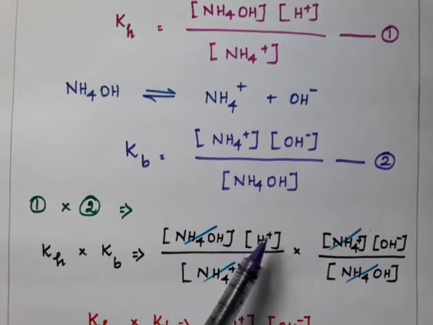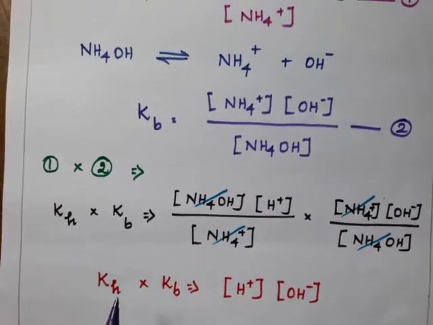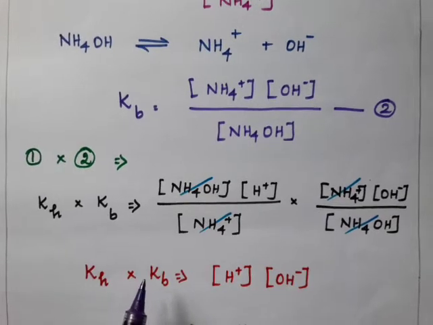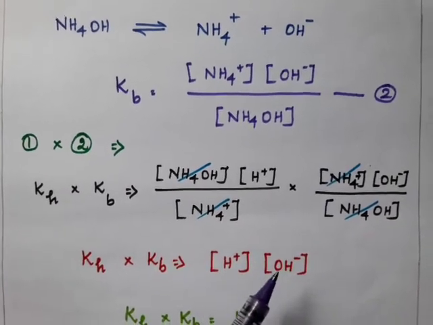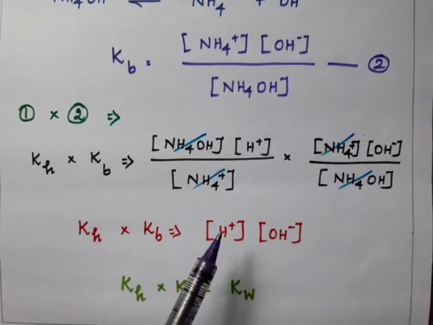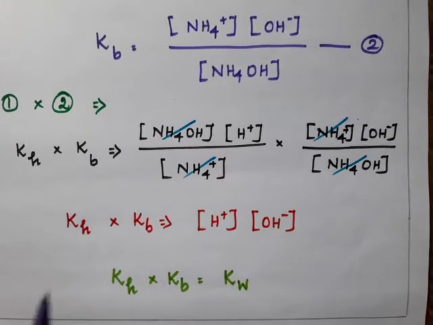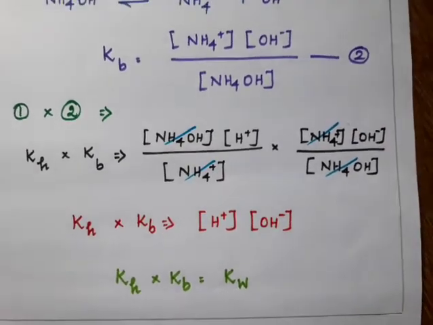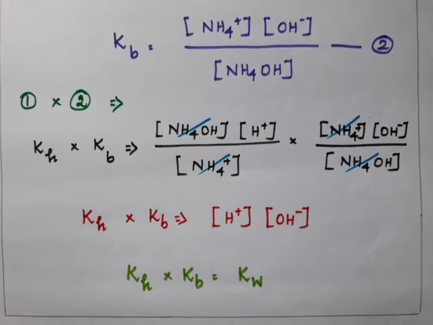The H plus concentration and the OH minus concentration. So we are getting Kh times Kb equal to the H plus concentration times the OH minus concentration. Let me take this as Kw, which means the ionic product of water. So we got the relationship Kh times Kb is equal to Kw.